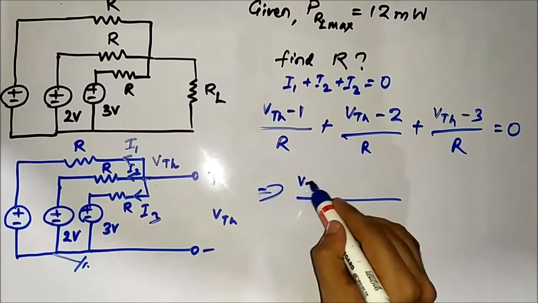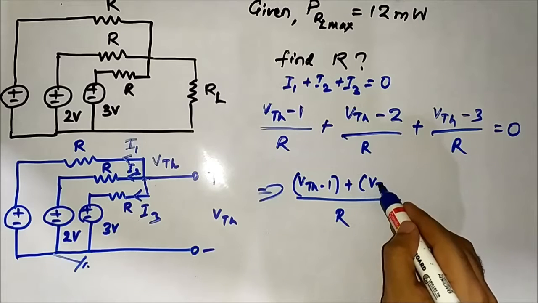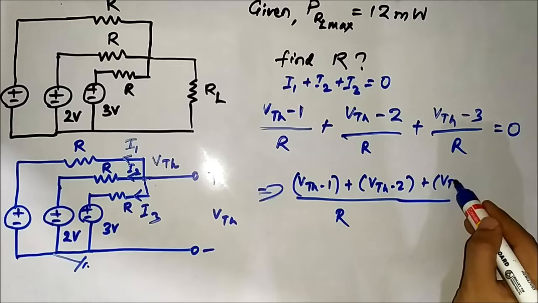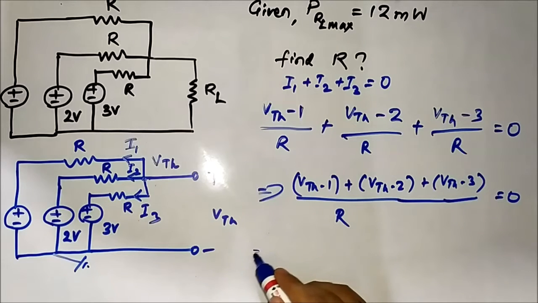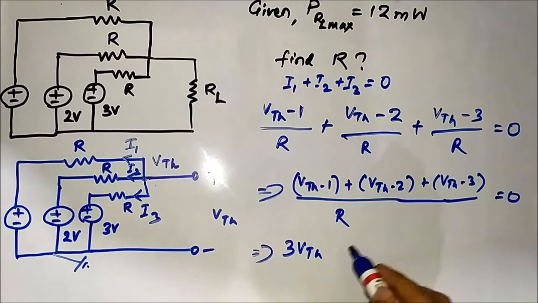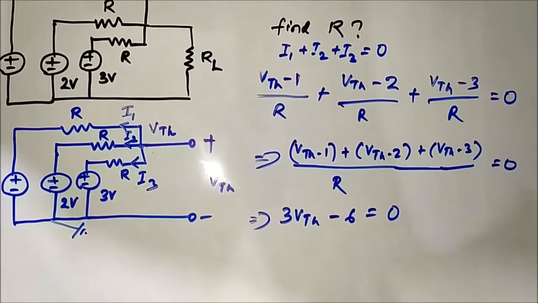So it is VTH minus 1 plus VTH minus 2 plus VTH minus 3 is equal to 0. That implies 3 VTH minus 6 is equal to 0. R goes to the numerator, gets multiplied with 0, so the result is 0.